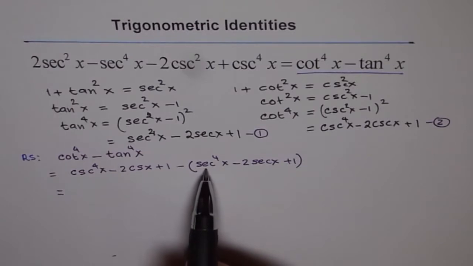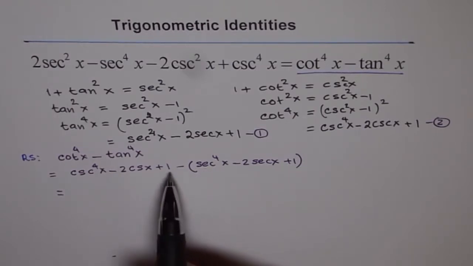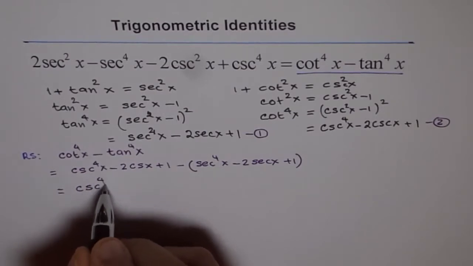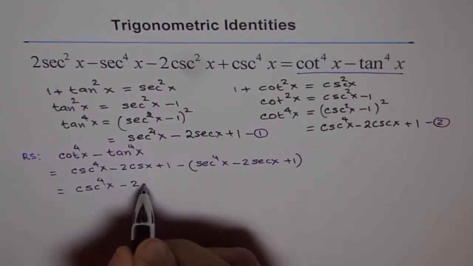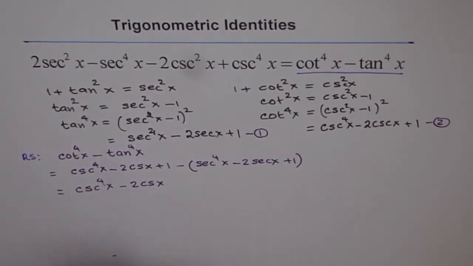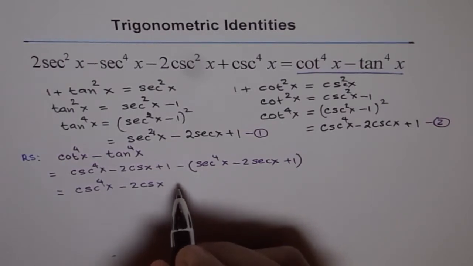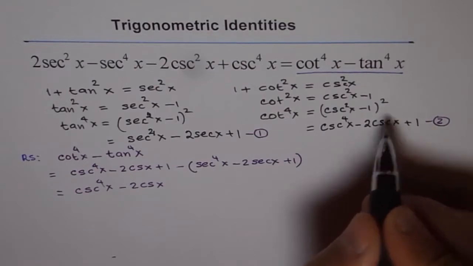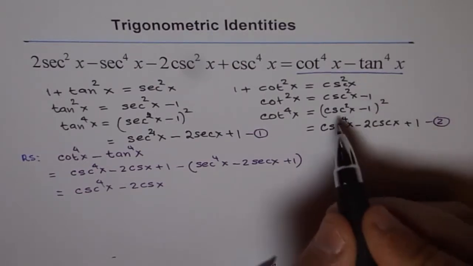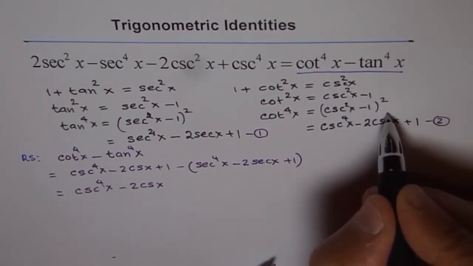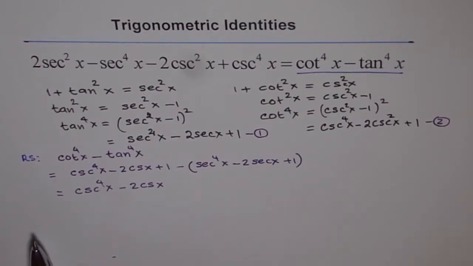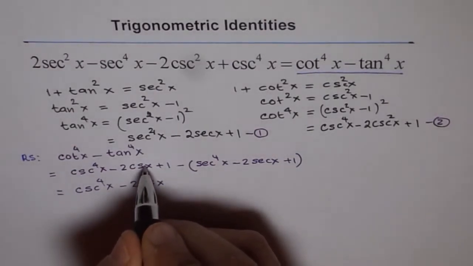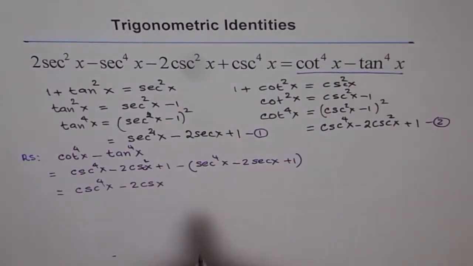So when I open the bracket, what do I get? Let me write this again: cosecant to the power of 4x minus 2 cosecant x. Sorry, this was squared, so this should have been square here, right? In a minus b whole square, it is a square minus 2ab, so there is a square here, so it is cosecant square x, correct?